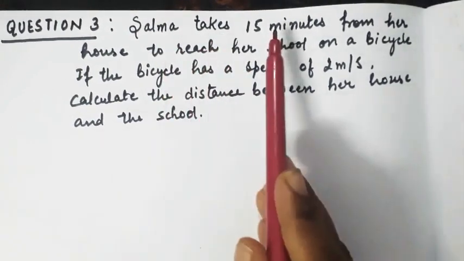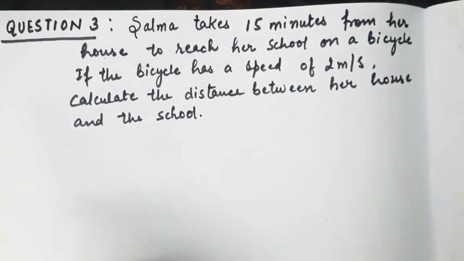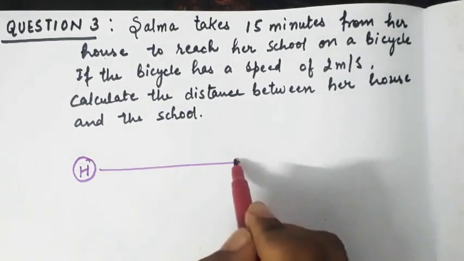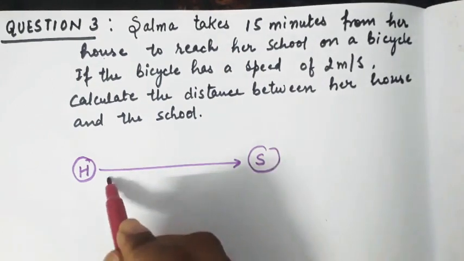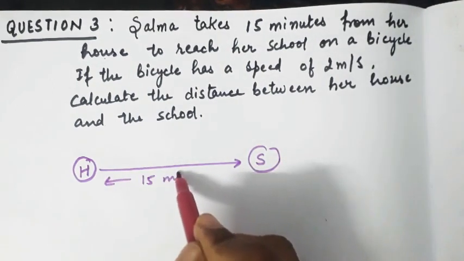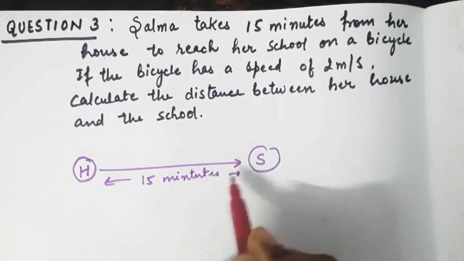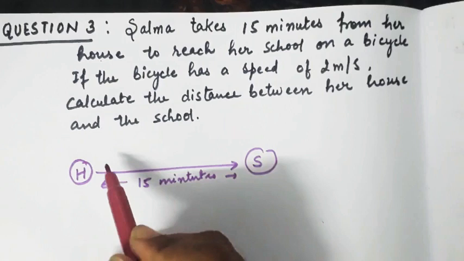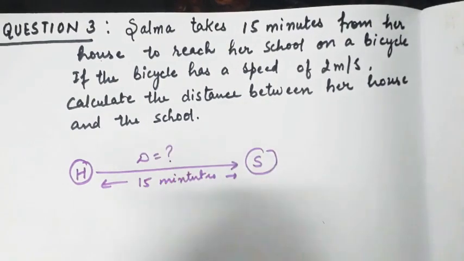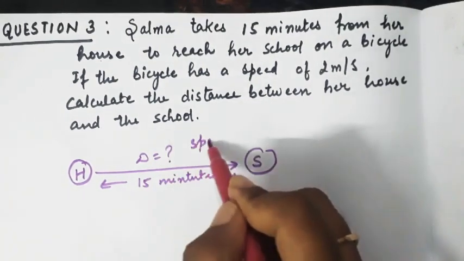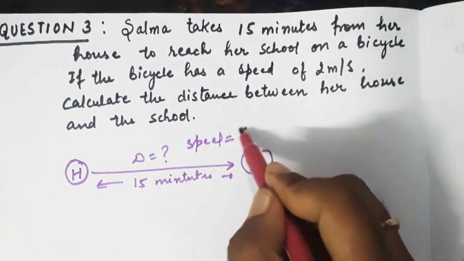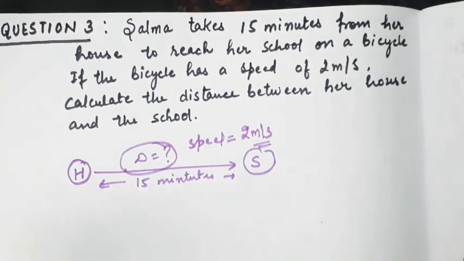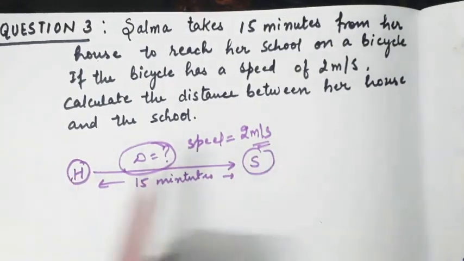See, Salma takes 15 minutes from her house to reach her school, from her house to school, it takes 15 minutes on her bicycle. Some distance she is covering, we don't know, but the speed of her bicycle is 2 meters per second, and we need to find the distance between her house and the school.